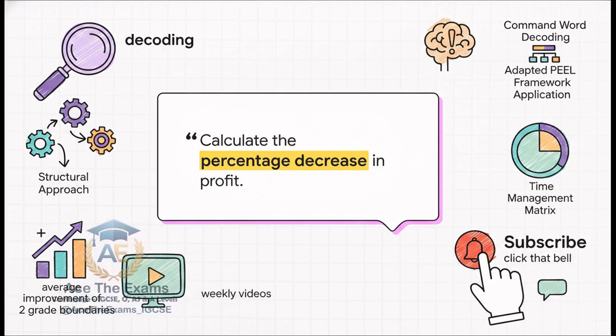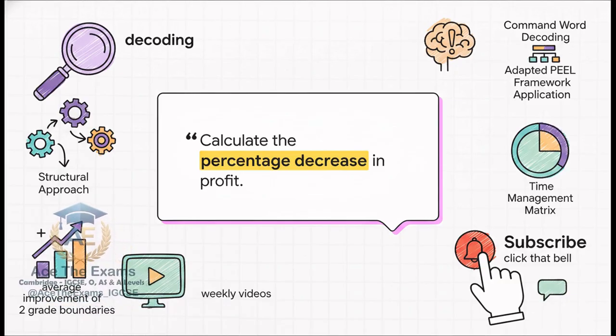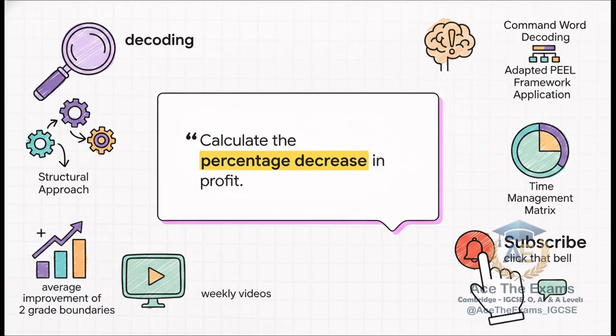Always establish your formula, point, plug in your evidence data, explicitly show your working explanation, and link back to the final required format. And number 3, the time management matrix. Don't rush like Sam and make silly decimal errors, but don't dawdle like Alex writing out useless facts. Pace yourself using the logical steps we just practiced.